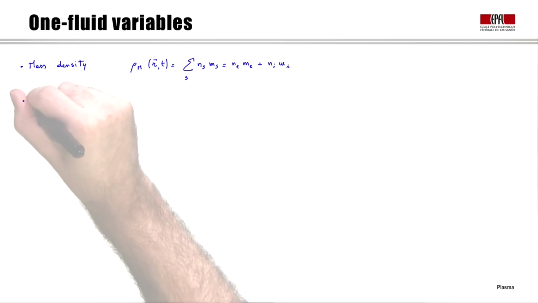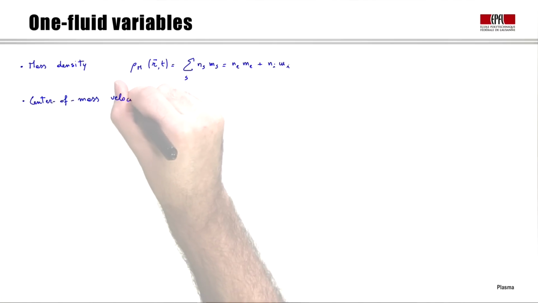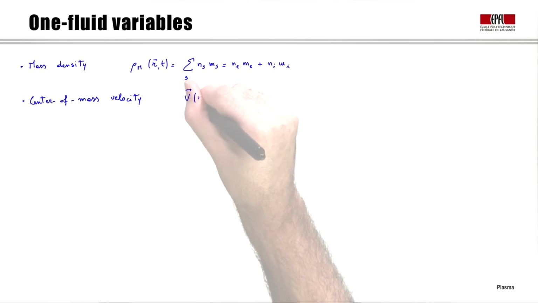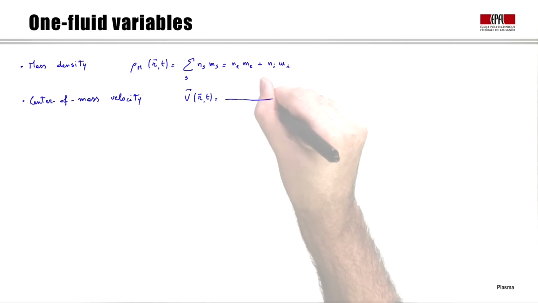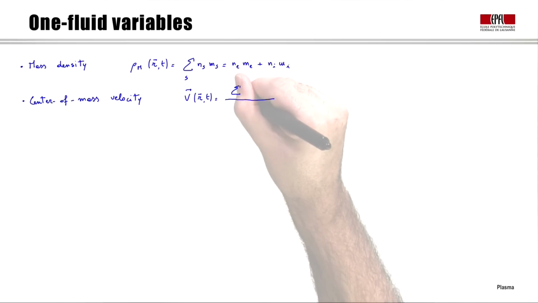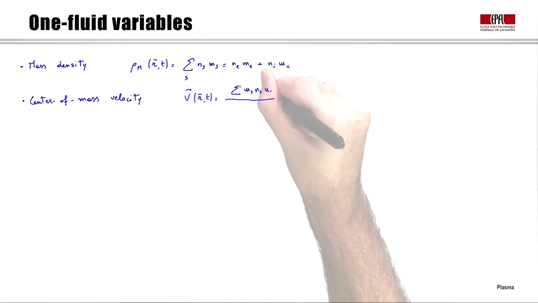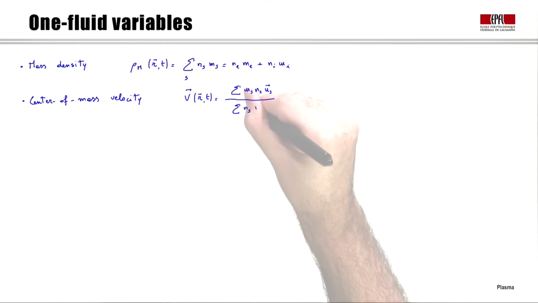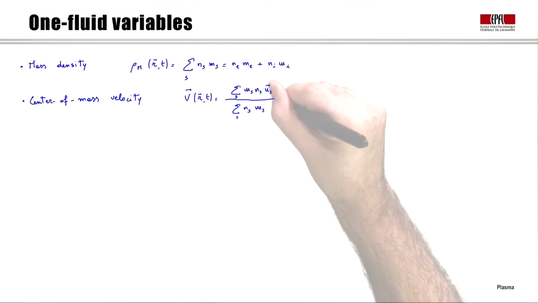Another quantity of interest is the center of mass velocity. We will denote it with a capital V, and it's still a function of space and time, and will be given by the ratio between the velocity of all particle species weighted according to their density and their mass, normalized to rho M, that is n_s m_s, and the sum is over all species.